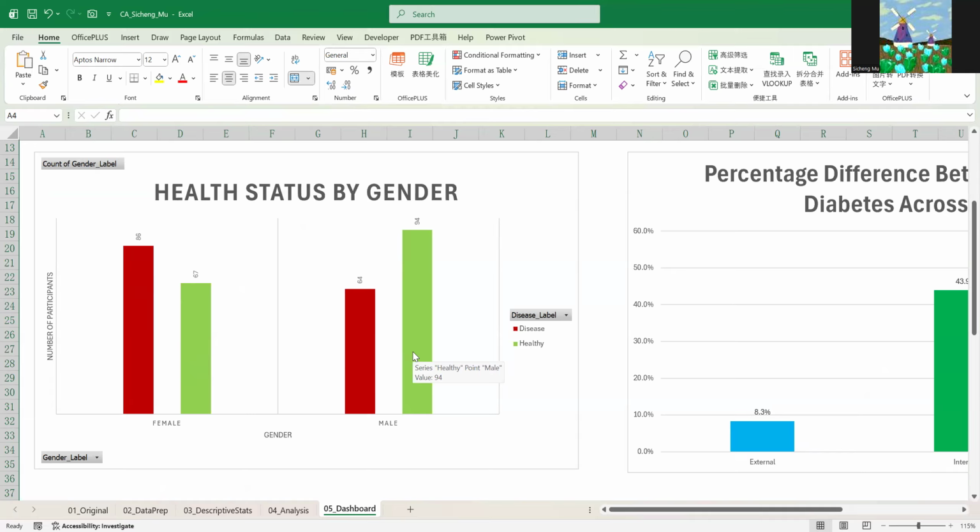So there is a clear difference between the two groups, but the gap is still moderate, and gender alone doesn't strongly predict health status. Other factors play a much more important role, which becomes clear in the next two questions.